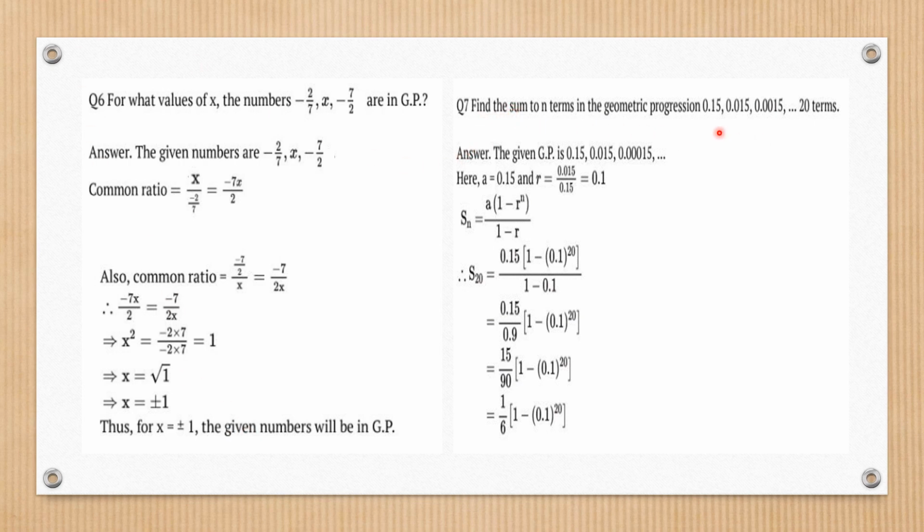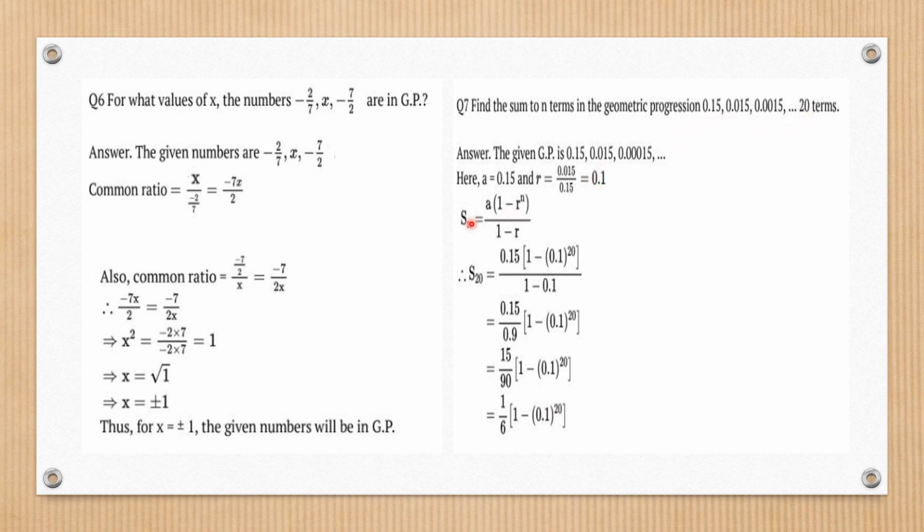For question number 7, again, you have to find the sum to n terms of a GP. So the given GP is like this. A is 0.15, and the common ratio, you are multiplying with 0.1, it is very clear. The formula for 20 terms, you have to find the sum for 20 terms, and you know that r here is less than 1.